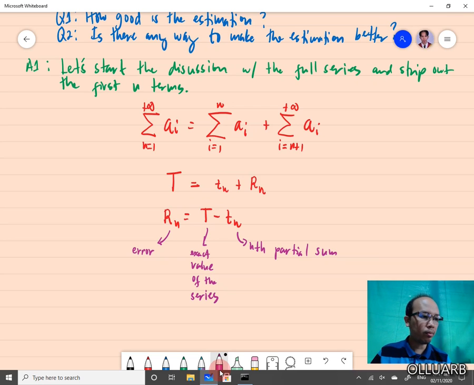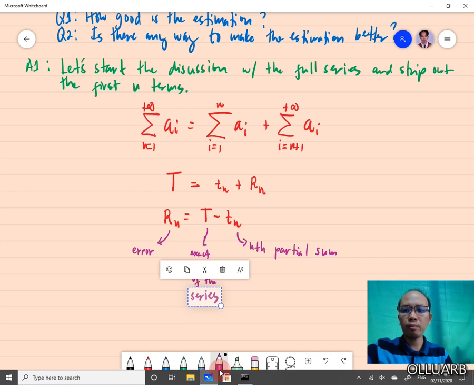Okay, so please do remember that we cannot get our hands on the actual value of the remainder because we don't have the actual value of the given series.